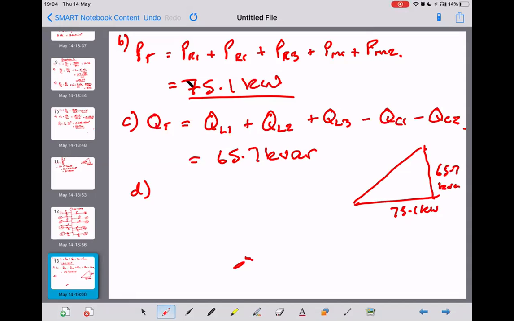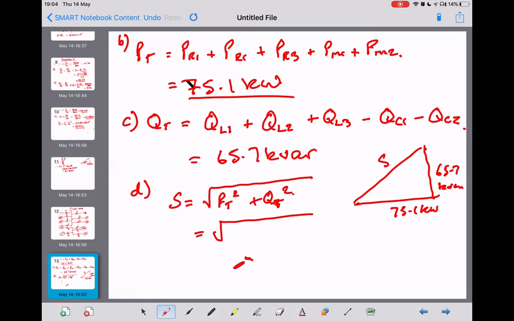So 75.1 squared plus 65.7 squared. You can use the kilos because they're all kilo, so your answer will be in kVA. So you should have 99.8 kVA. Yep, that's what I've got.